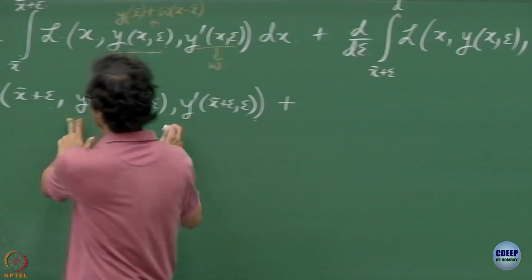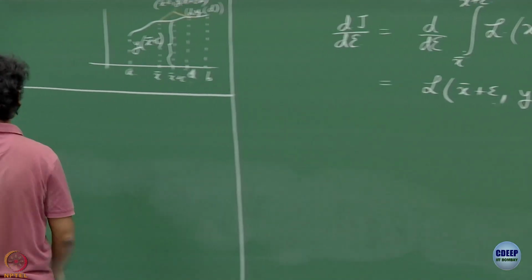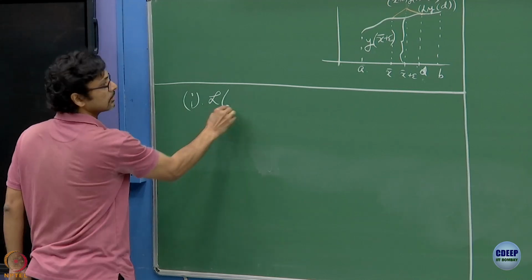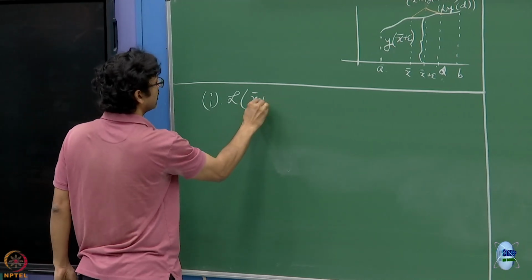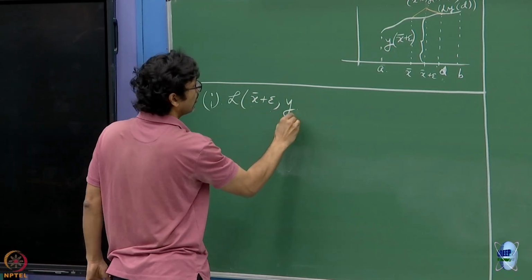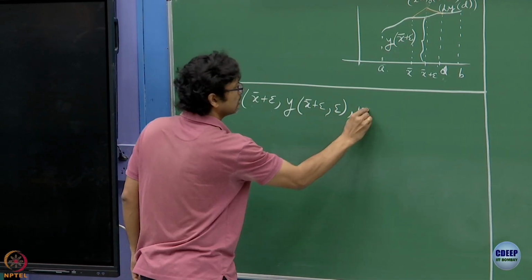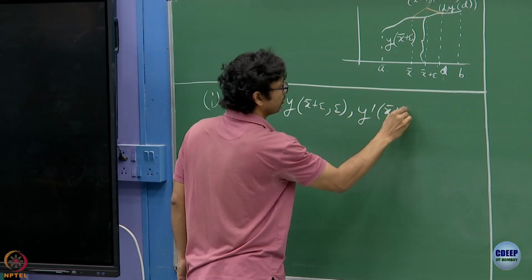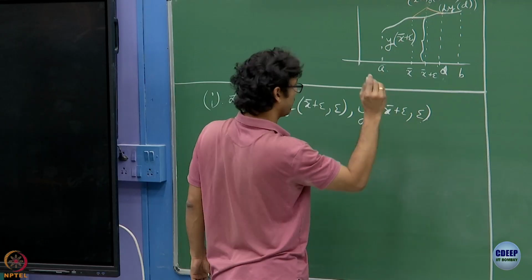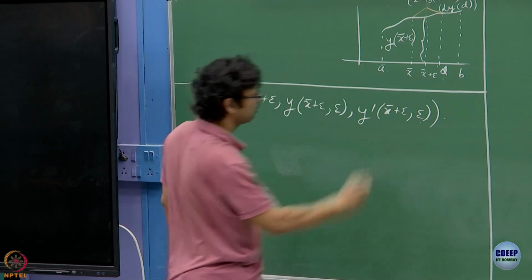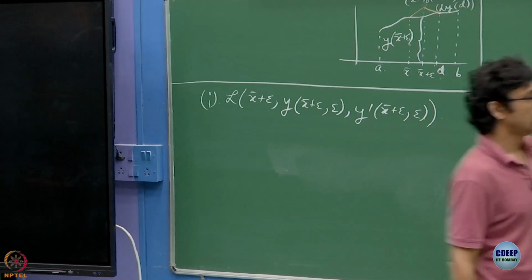So let's collect this term here as term number 1. So it's L of x bar plus epsilon, y of x bar plus epsilon comma epsilon, y prime of x bar plus epsilon comma epsilon. Great.